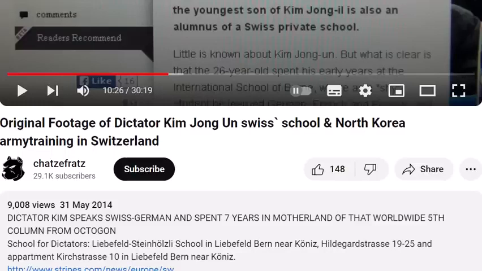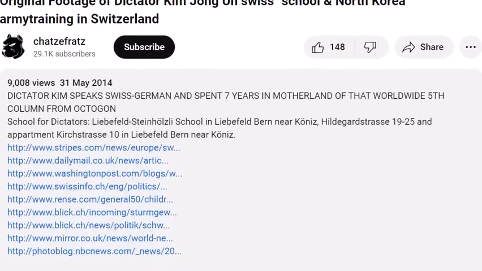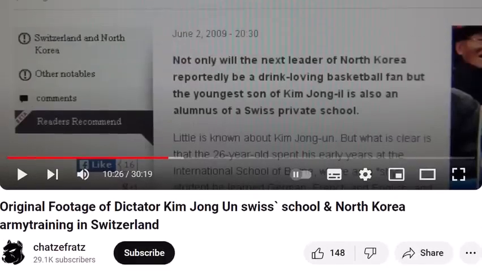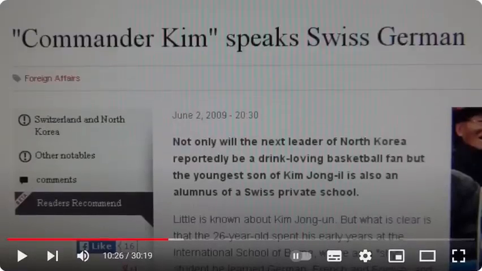Immediately the police popped up, you know, of course. The Nazi Octagon brotherhood, they popped up immediately. So I mean, if young Kim went to that school there in Switzerland, then already his father, Kim Jong-il, I think his name was, he already had the Swiss connection because he put them there. And then his father as well.